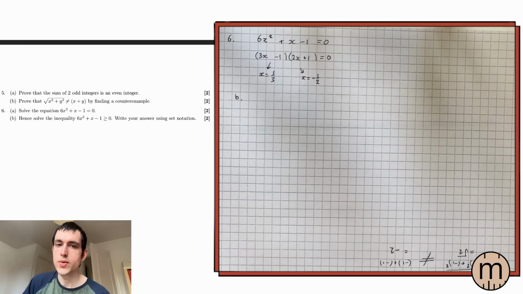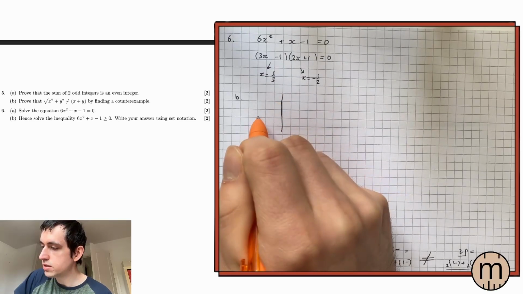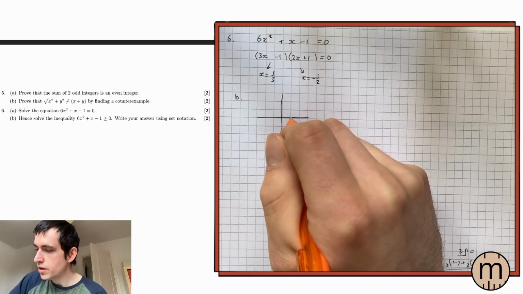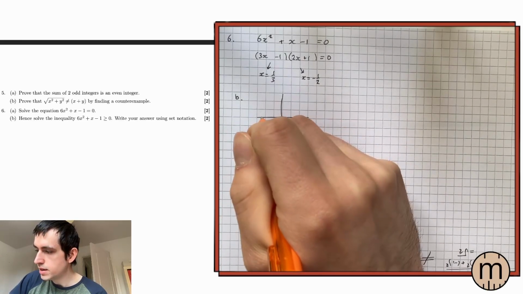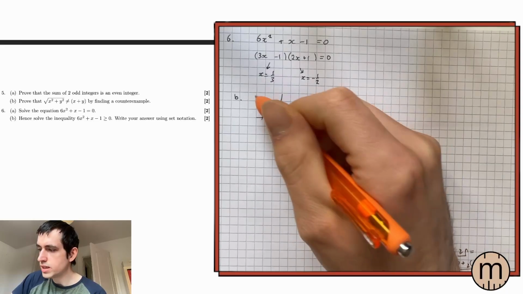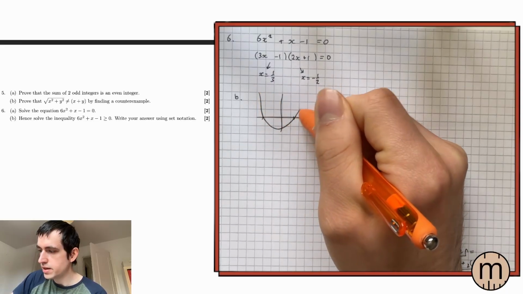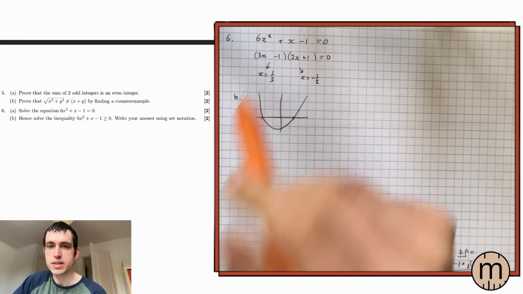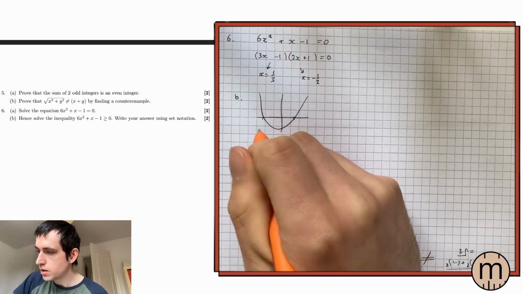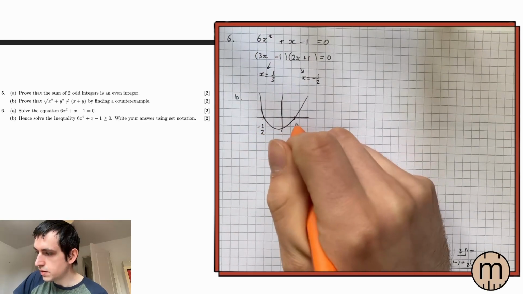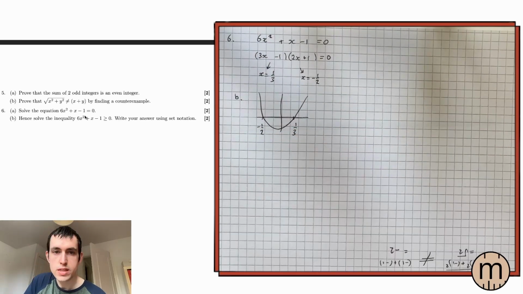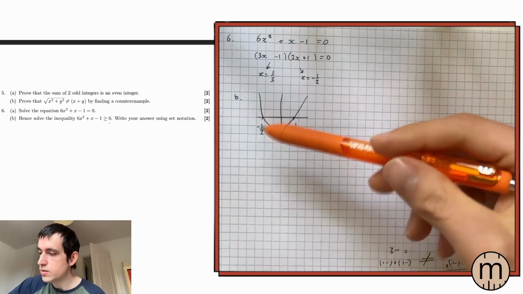Hence, solve the inequality. We know that the roots are a third and minus a half, and we know it's quadratic, so it should have a smiley face, not a sad face, because 6 is positive. So let me just label that, minus a half and 1/3. When is the inequality bigger than or equal to 0?